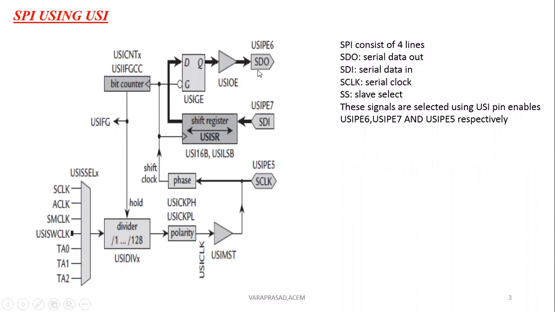These pins are used for serial data out, serial data in, and serial clock. Besides these three pins there is a fourth pin, SS, which will not be shown here. So in total, four pins are used for SPI using USI.